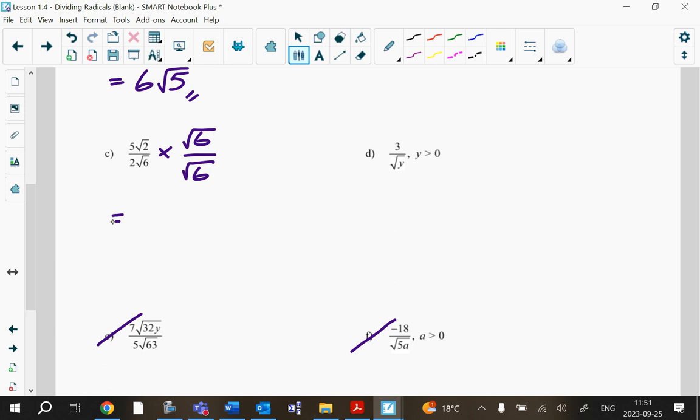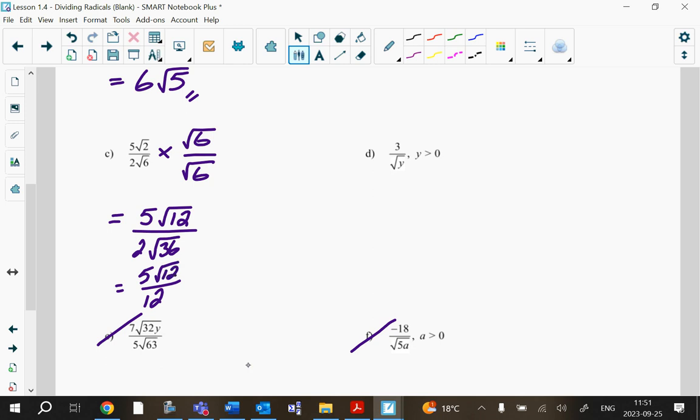So what's 5 root 2 times root 6? 5 root 12, good. And what's 2 root 6 times root 6? 2 root 36. But what's root 36? And there's a times 2. So I end up with 5 root 12 over 2.